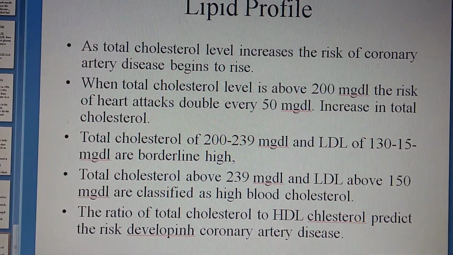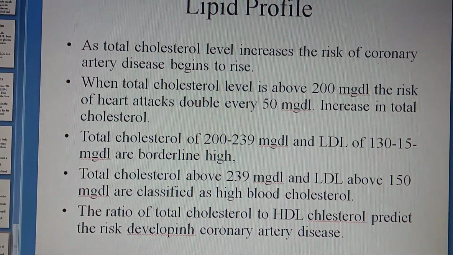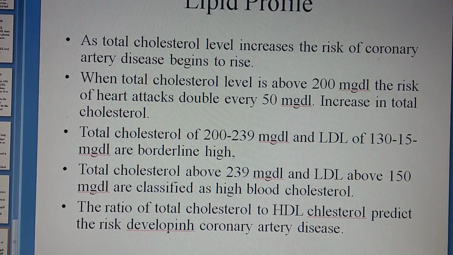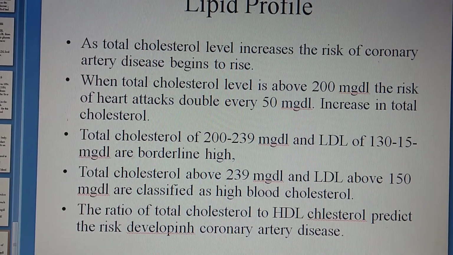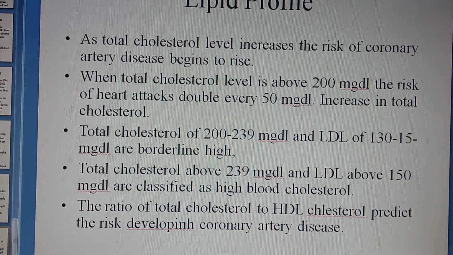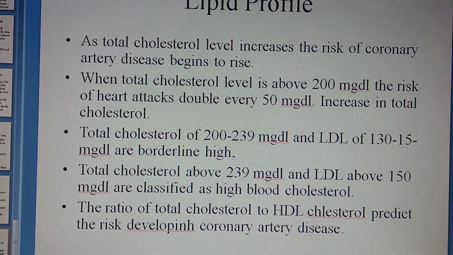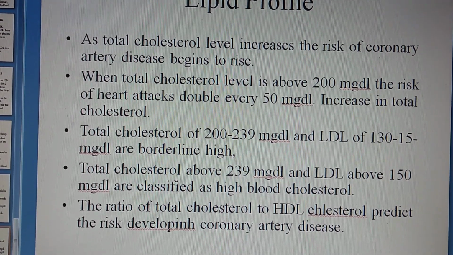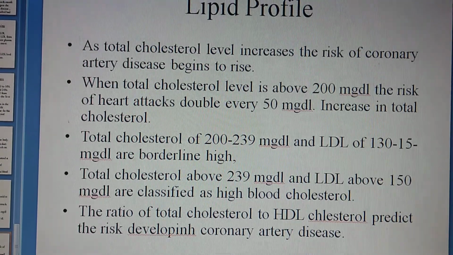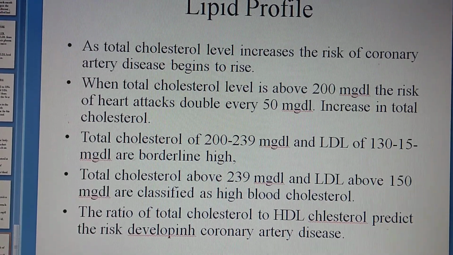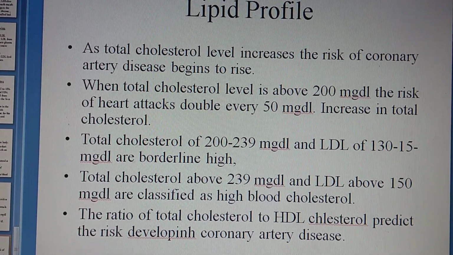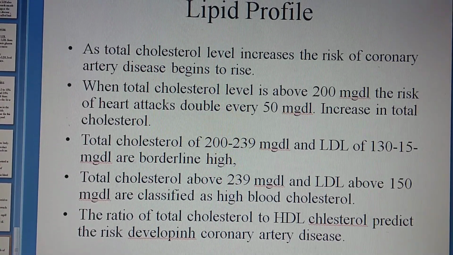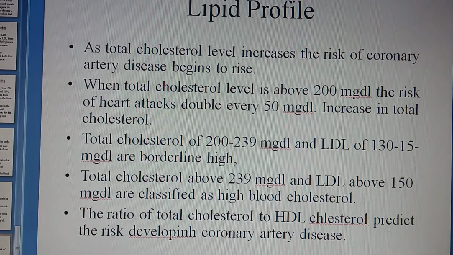As the total cholesterol level increases, the risk of coronary artery disease begins to rise. When total cholesterol level is above 200 mg per dl, the risk of heart attack doubles with every 50 mg per dl increase in total cholesterol. If the total cholesterol is between 200 to 239 mg per dl, LDL of 130 to 159 mg per dl is borderline high.